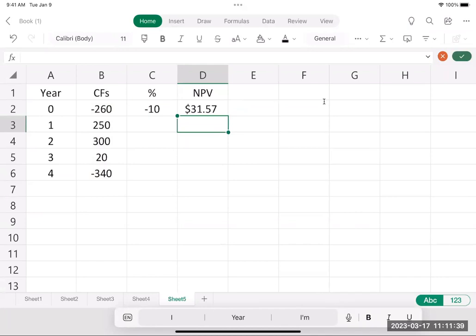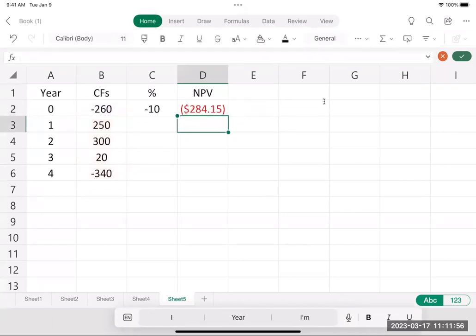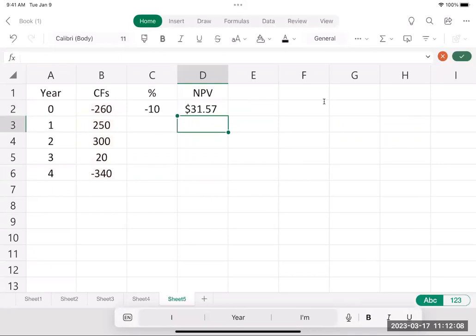Did I get it right? No. Okay, so then you have to, I think you can only do that, and then you have to add this. No, that didn't work. What am I doing wrong? I have to remember how NPV works. Why is it 31?